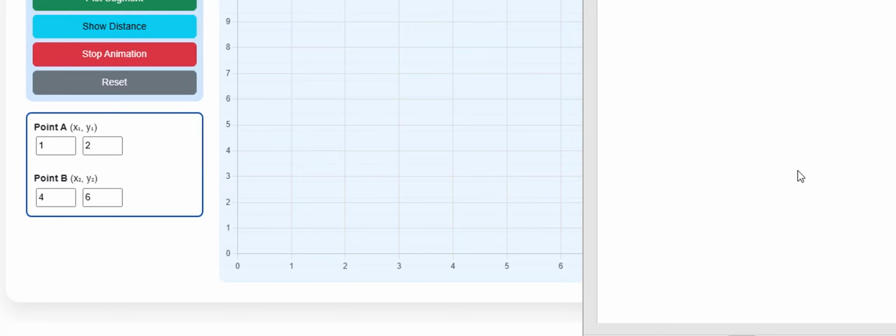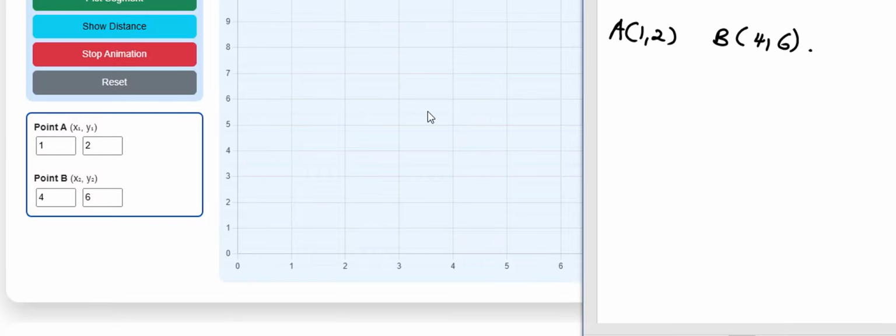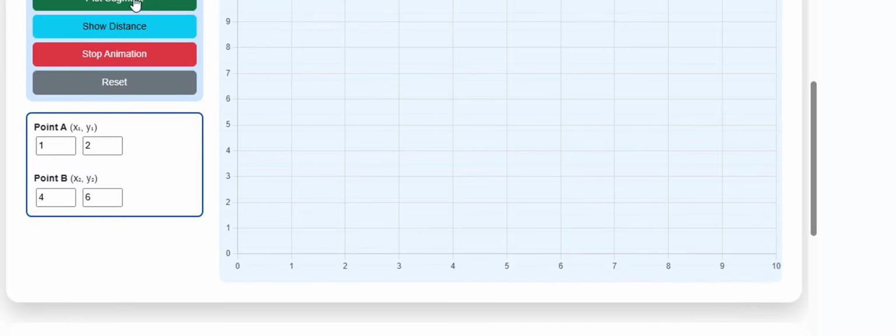So if I have 2 points, let's say point A is (1, 2), and point B is (4, 6), and I try to plot them on the Cartesian plane. In my case, I can just plot them in this graph. Let me show you.